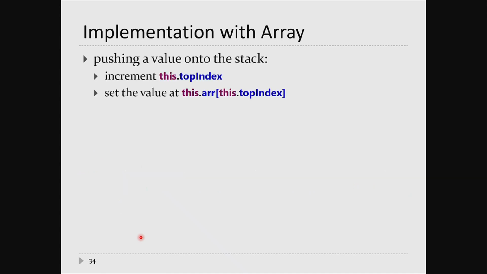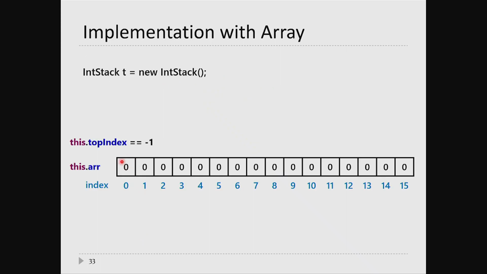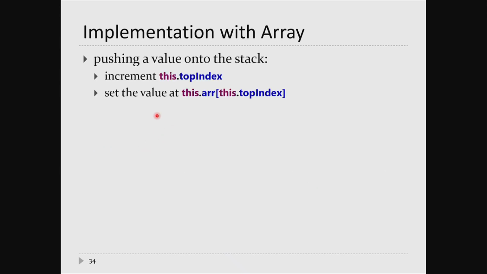All right, so how do I push a value onto the stack? To push a value onto the stack, I want to insert at 1 plus the topIndex. So I'm going to increment the topIndex, add 1 to it, and then set the value in the array at that index.